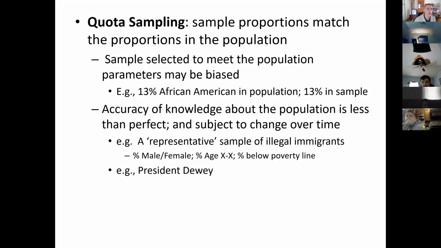The other tried and true way of non-scientific or non-probability sampling is just trying to hit quotas. So the sample proportions are supposed to match the population proportions. For example, the sample is selected to match population parameters for African Americans in the United States, about 13%.